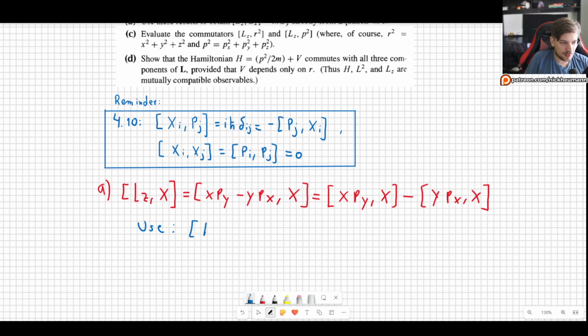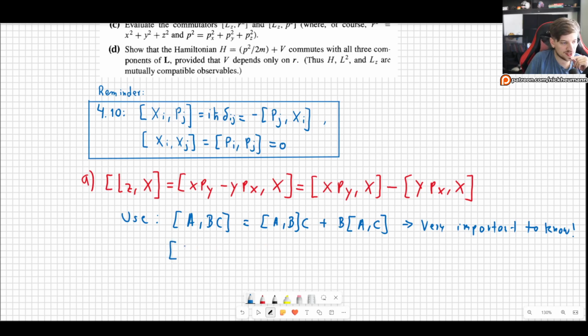If we have a comma bc, so the commutator of a and then two things on the other side, this is the same as the commutator of a and b times c, plus b times the commutator of a and c. So this is very important. And there's a similar one, which is ab comma c.